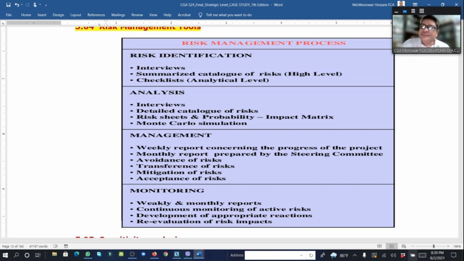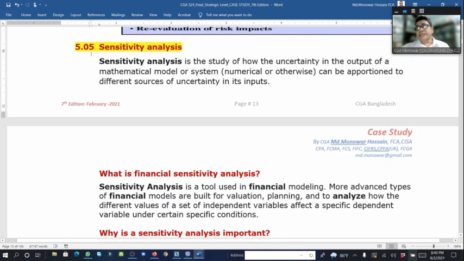We cannot stop the risks, but if we know where our risk is, then we will be able to shift the risks. That's why insurance comes. And if we know where our risk is, then we should avoid it. We should shift it from one way to another for surviving, for a good organization, for surviving the organizational activity also. So we need to understand sensitivity analysis for our case study.